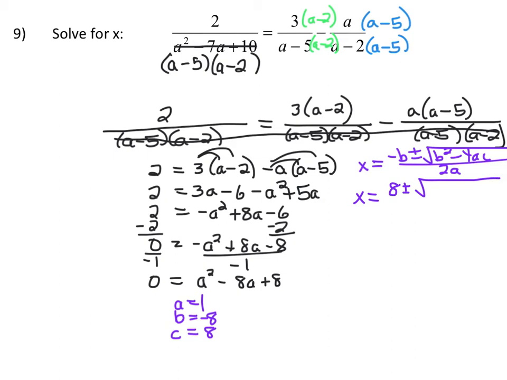You could either put -8 in parentheses and square it, or you could have just written 64. Now minus 4 times a, which is 1, times c, which is 8, and that whole thing is going to be over 2 times a, so 2 times 1.